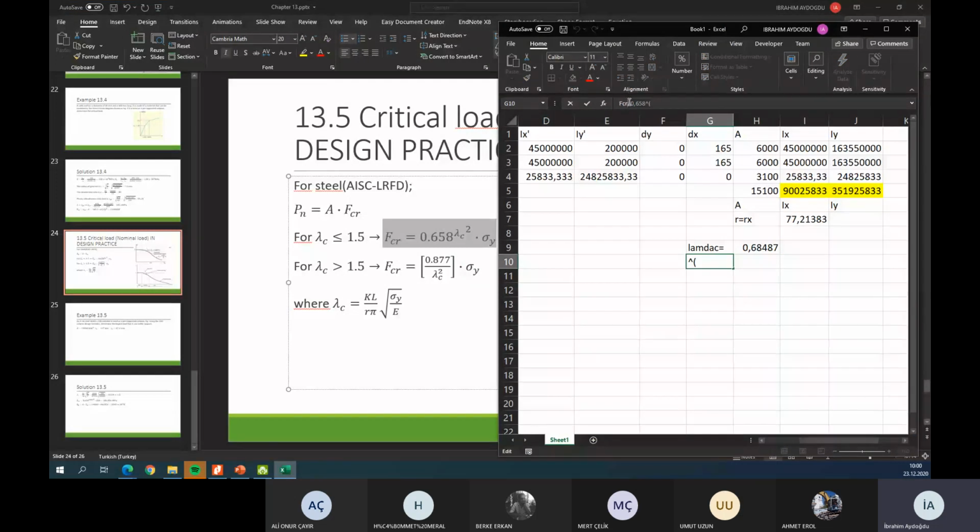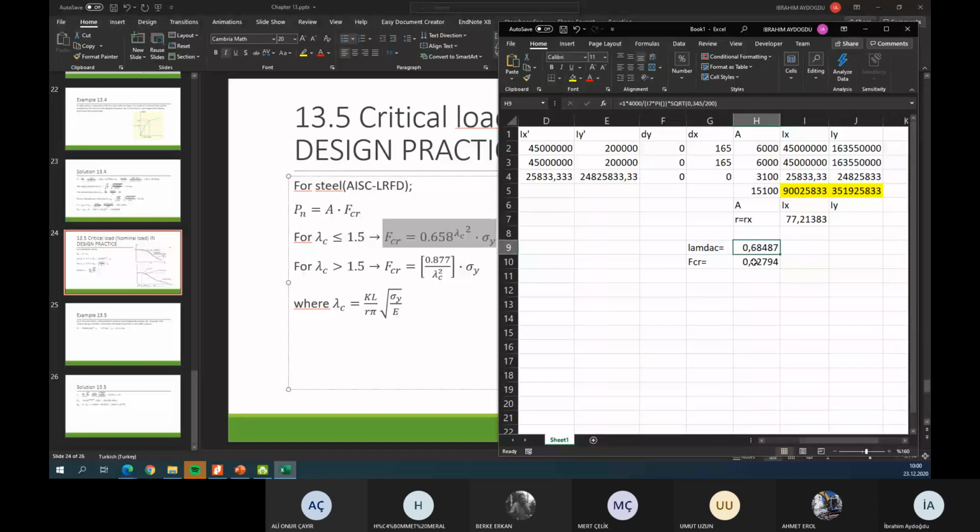Sorry, I need to cut. Control X, enter, equal, Control V. Okay, this is lambda c squared, close the parentheses, times 345, times 10 to the power minus 3.